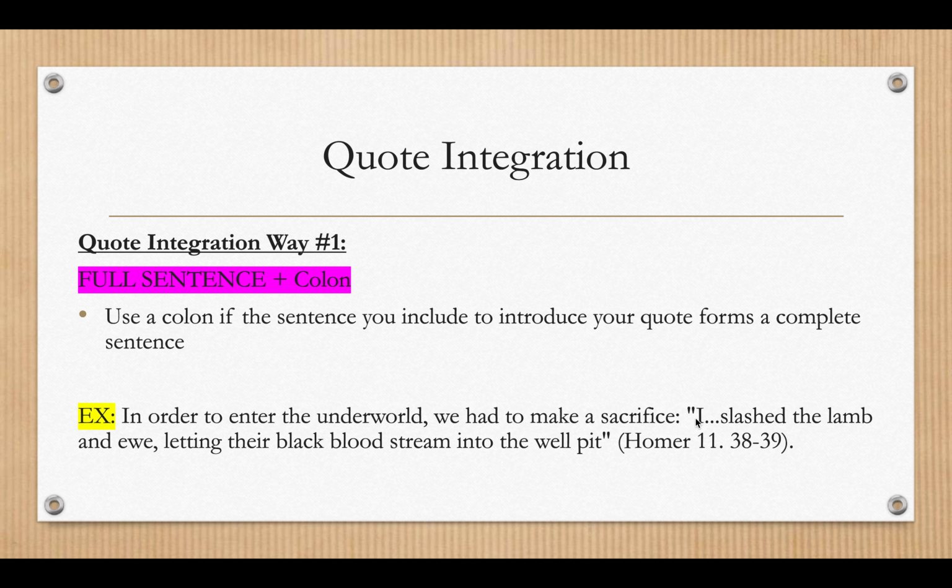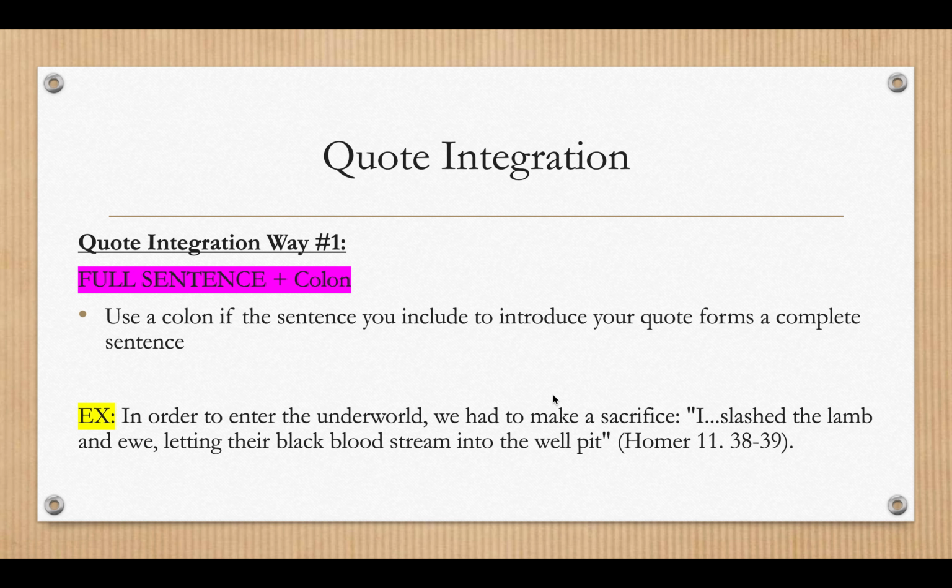But because I want to add this quote to support what I'm saying in my own writing, I need to have that colon because my sentence is complete. My quote is explaining everything that I just said in my own writing. So in the end, I have this new sentence of my own writing and writing from a different author to make a better product and a better sentence that supports each other, okay?